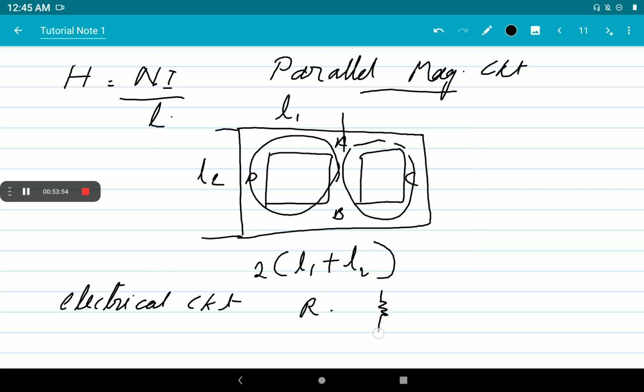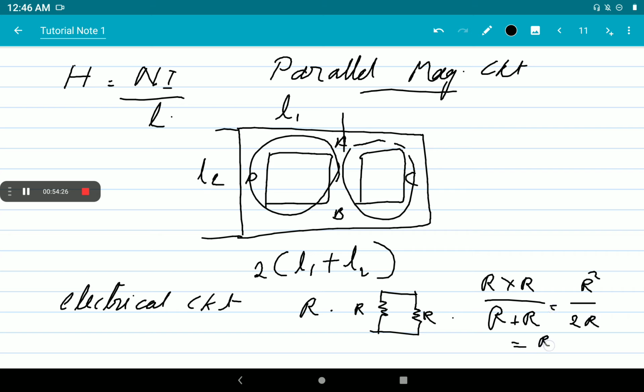When we connect two resistors of the same value in parallel, the total resistance is R into R by R plus R. That means R square by 2R, which is equal to R by 2, half the resistance.